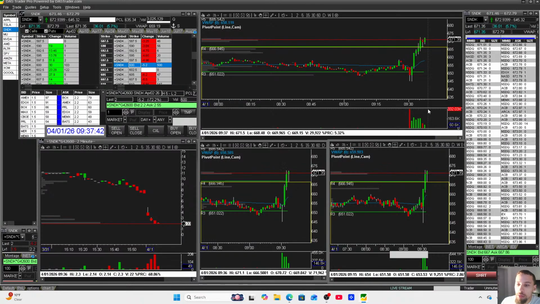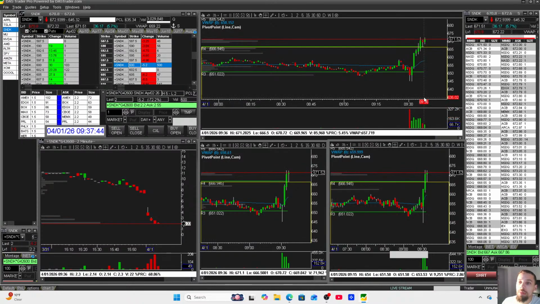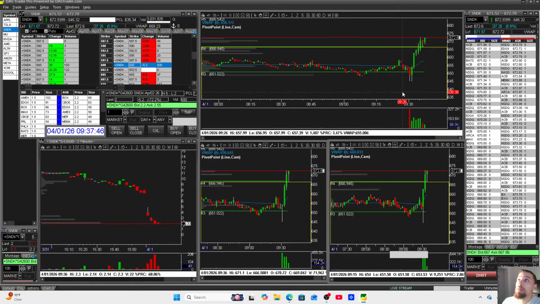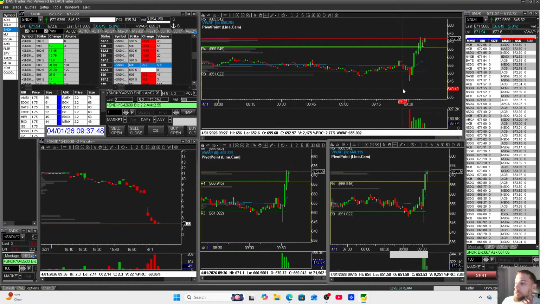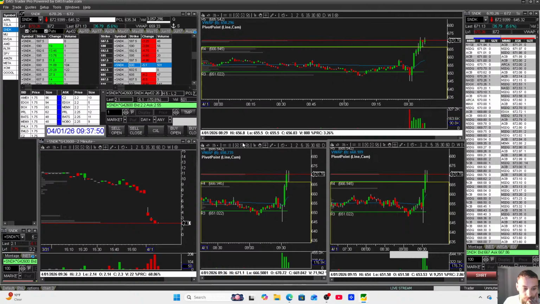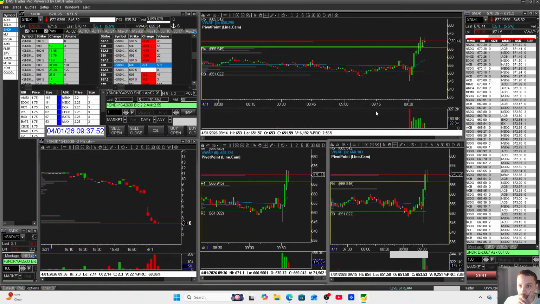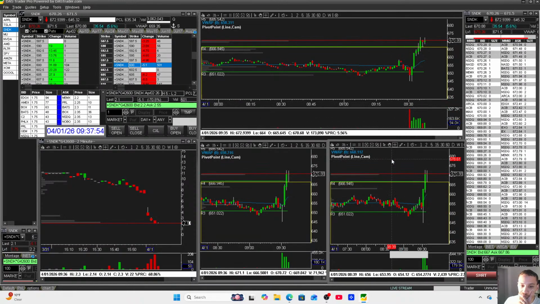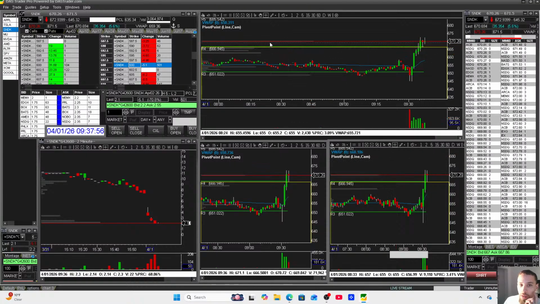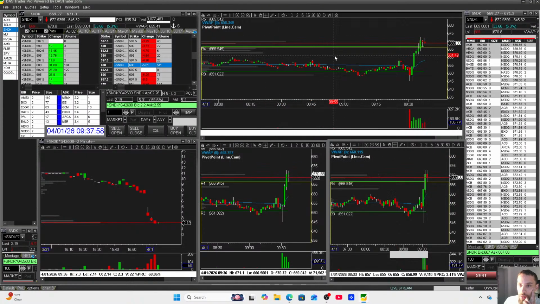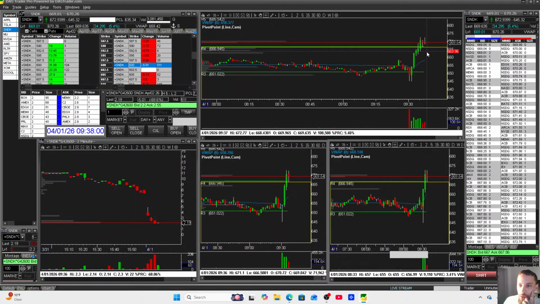Look at that volume drop off. Let's see if it's going to keep pushing here. Lots of liquidity happening at this 670 level. Seems to really be struggling here.